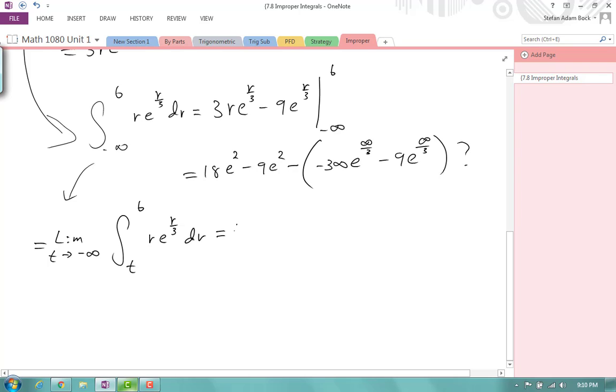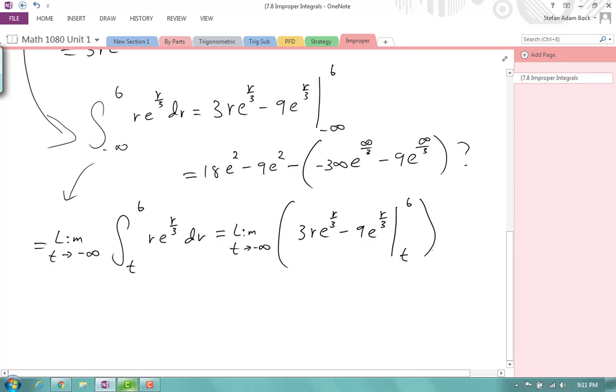So this would be equal to the limit as t goes to minus infinity of 3r e to the r over 3 minus 9e to the r over 3 evaluated from t up to 6.